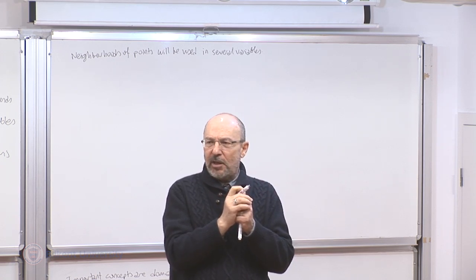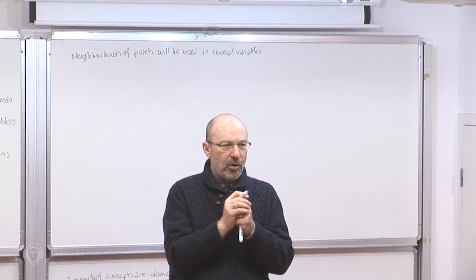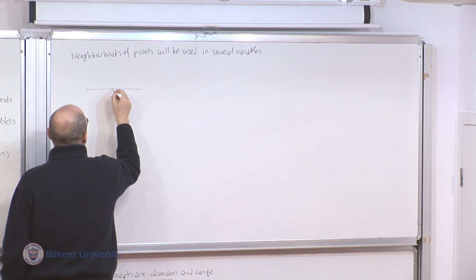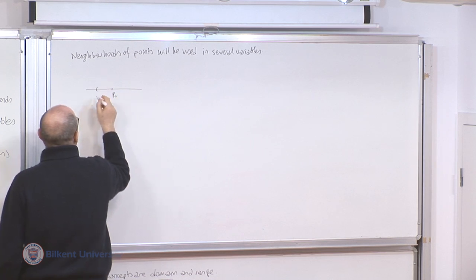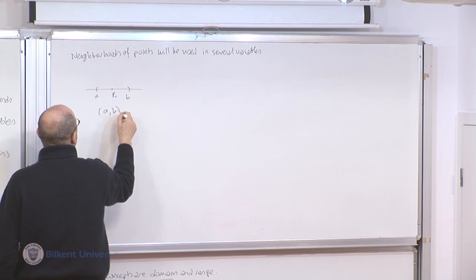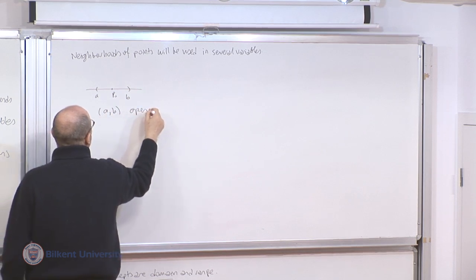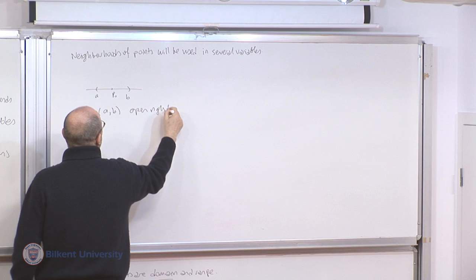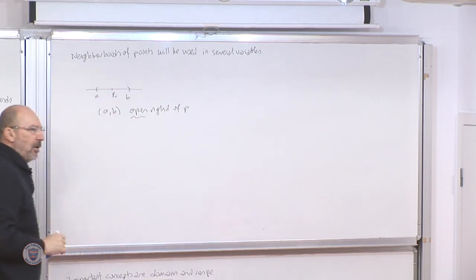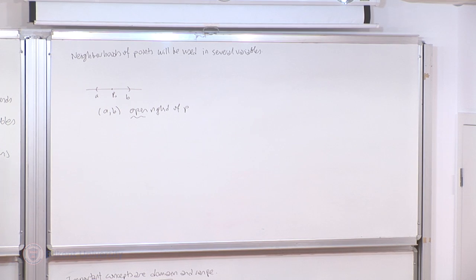So what do we say? We take an open neighborhood around the point, okay? So this is my point, P sub 0, and I have this A, B. I talk about the interval A, B. This is an open neighborhood of P. Okay, so we never described the technical term for open.